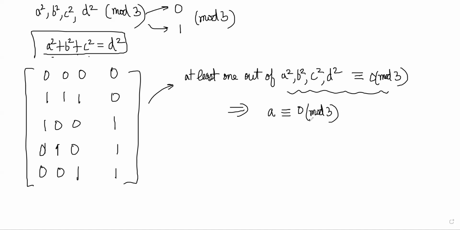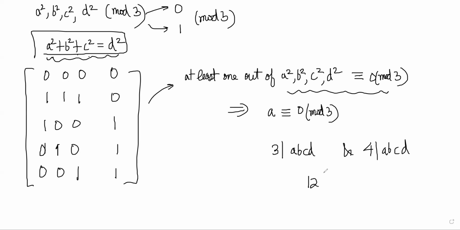So basically, the only way this condition is satisfied is if at least one of a, b, c, d is divisible by 3, which means that 3 divides abcd. We already have that 4 divides abcd.